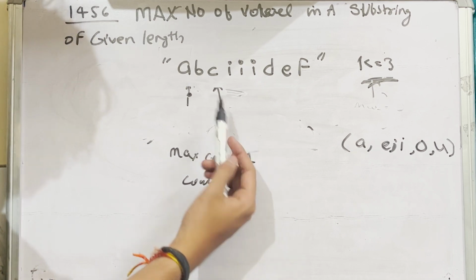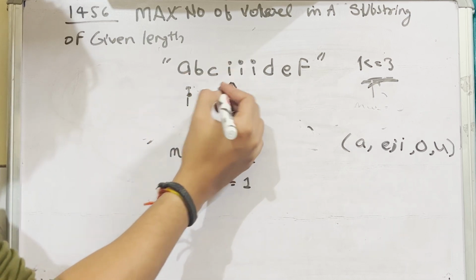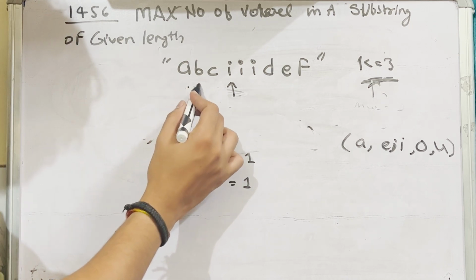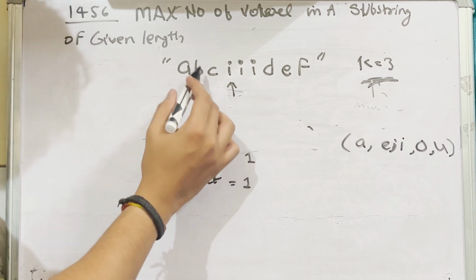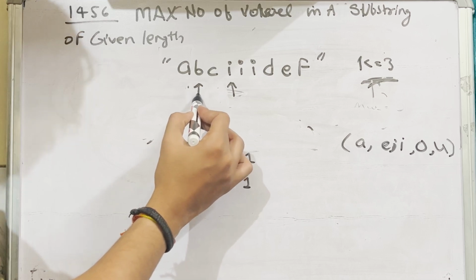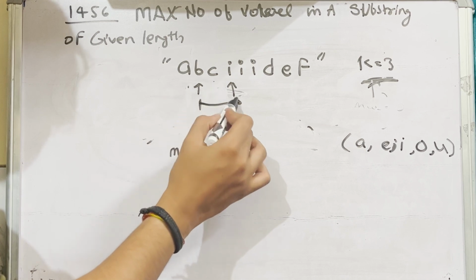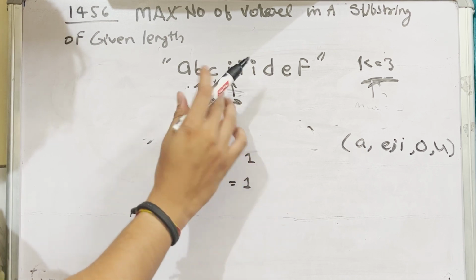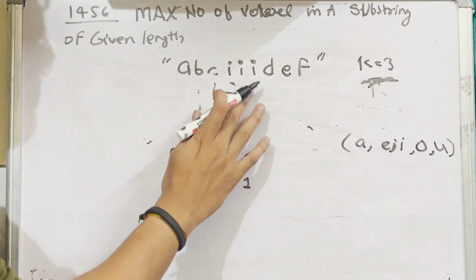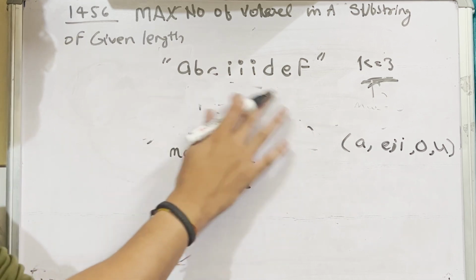Then you will move the j pointer to the next character, and then move the i pointer as well. Now you can have two cases: you can start from here and go till here, then start from the next position, then again go through three letters, then again start from the next one and go up to 3 letters. So what we are doing is repetitive work.